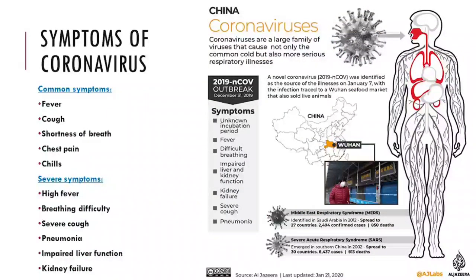Now, the common symptoms of coronavirus are fever, cough, shortness of breath, chest pain, and chills. The severe symptoms can be high fever, breathing difficulty, severe cough, pneumonia, and impaired liver function or kidney failure.